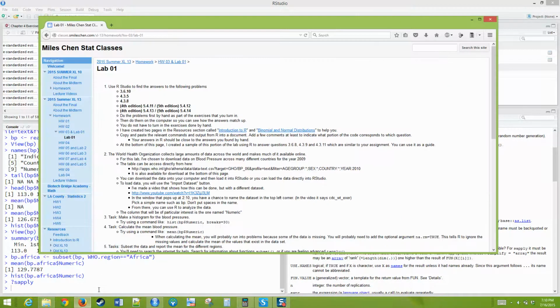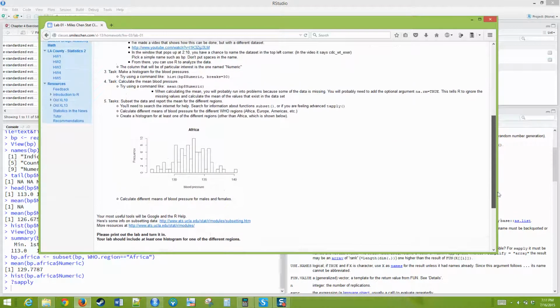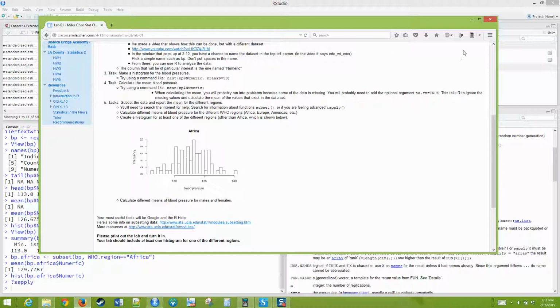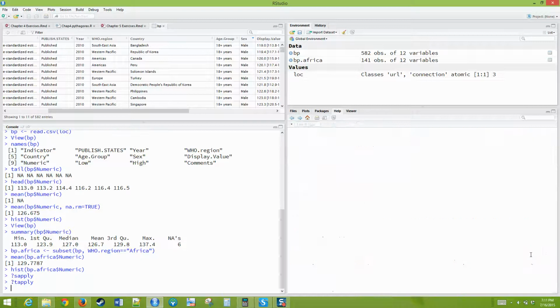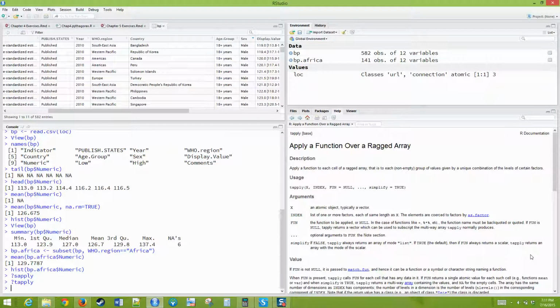Or is it, should I use? Or let me do tapply. I think I want to do tapply BP 2.